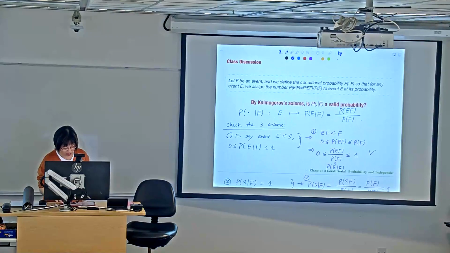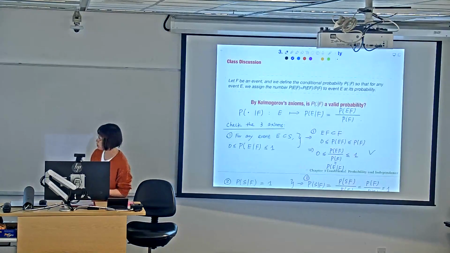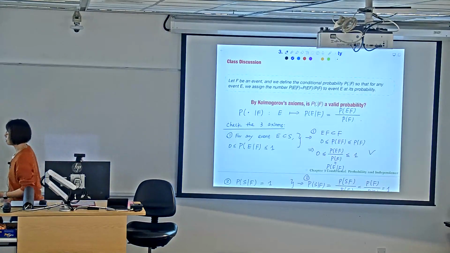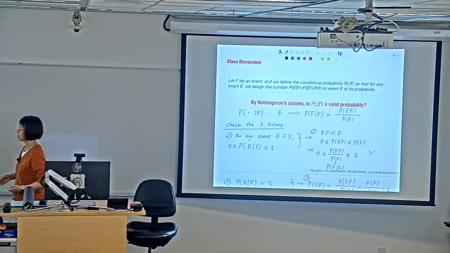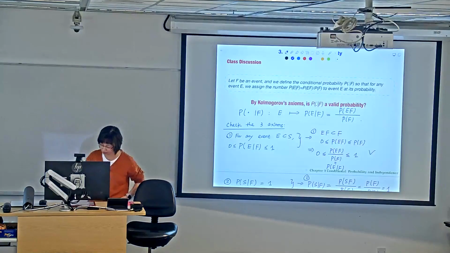At the end of last time, we verified that if you view this conditional probability as assigning numerical values to any event in the sample space, with the assigning rule given by the quotient defined earlier, then this function is a probability function that obeys the 3 Kolmogorov axioms.